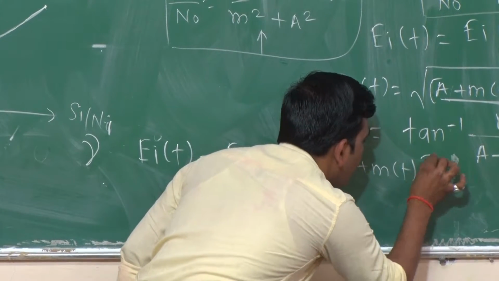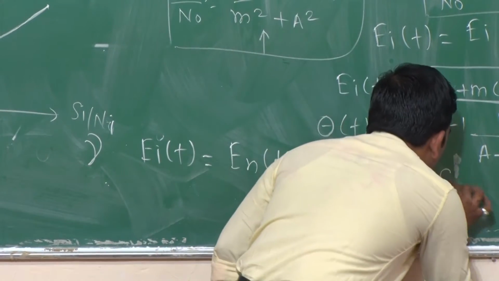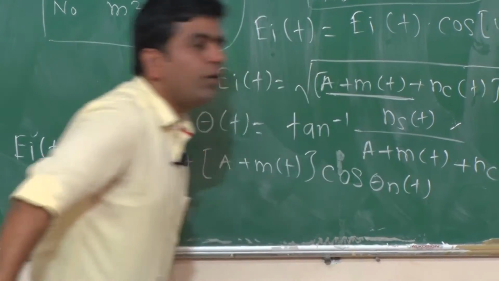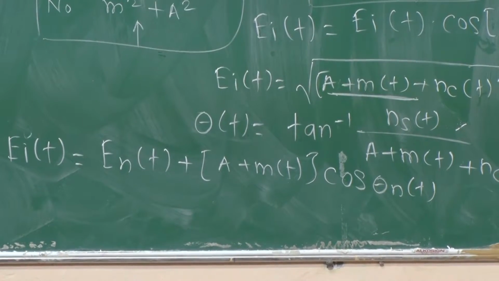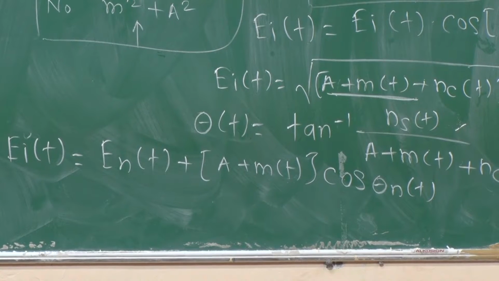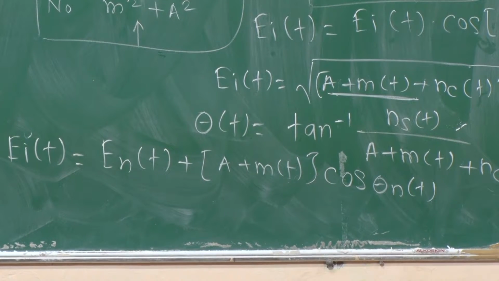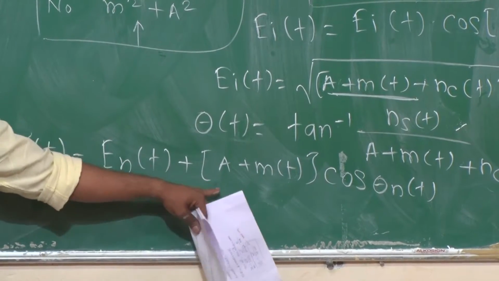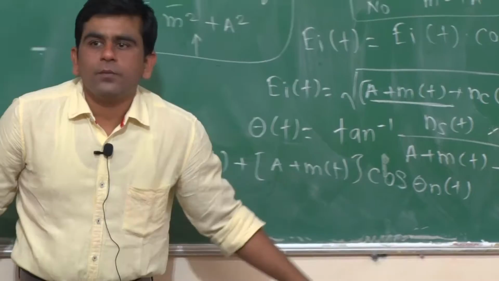a plus m of t into cos of theta n of t. EI of t is equal to En of t plus a plus m of t multiplied with cos theta n of t.